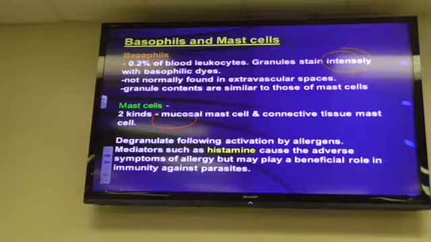It contracts the smooth muscles, but it dilates the blood vessels, so there is a lot of fluid coming into the intestines. And then these smooth muscles are contracting, increased peristalsis, movement of the intestines. So what we call a self-curing mechanism. That's how the animal tries to throw out those parasites to the outside.